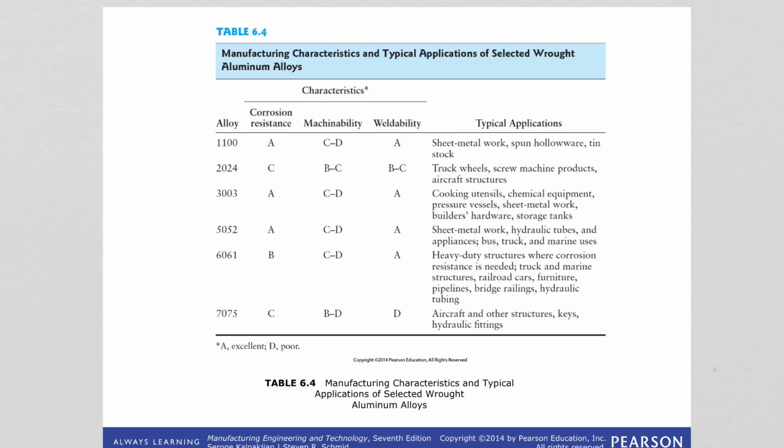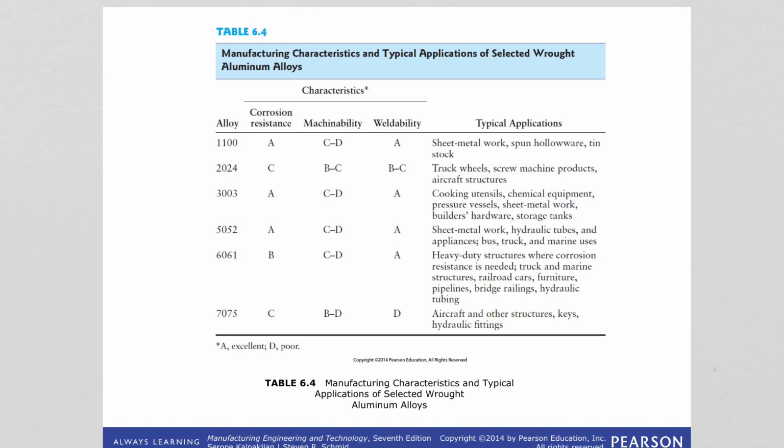And the typical applications are given also, depending on what type of alloy it is. And of course, again, I don't want you guys to memorize anything. It is just the name of the alloy, how good their characteristics are, and their typical applications.